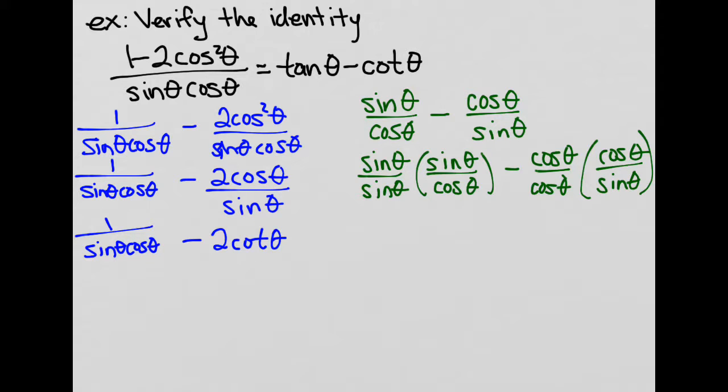Okay, and let's go ahead and distribute or combine. So sine times sine will give us sine squared, and that's going to be over sine cosine. Cosine times cosine is going to be cosine squared over sine cosine.